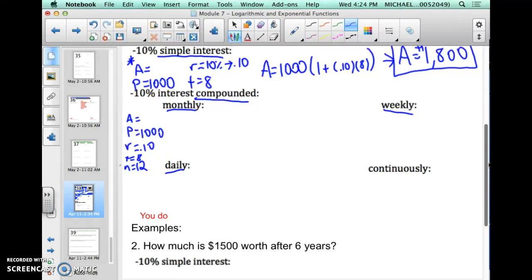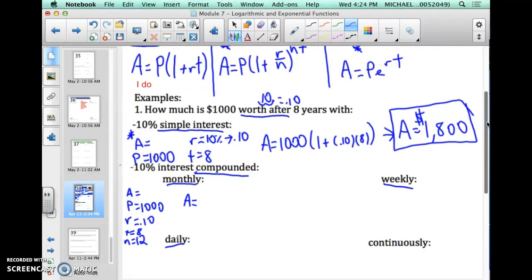So I'm going to fill in the variables with their values, and I'm going to use this formula, remember. So A equals my P, 1,000, times 1 plus 0.10 over n, which is 12, raised to the 12 times 8.